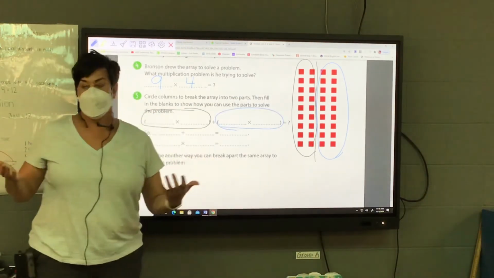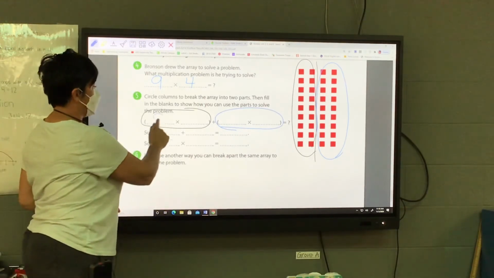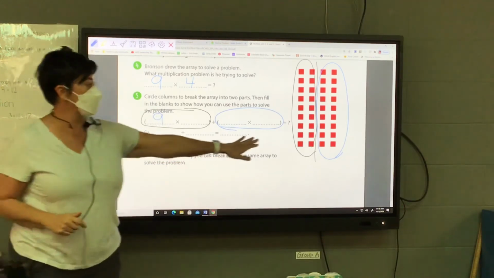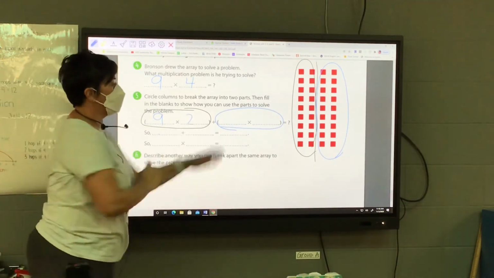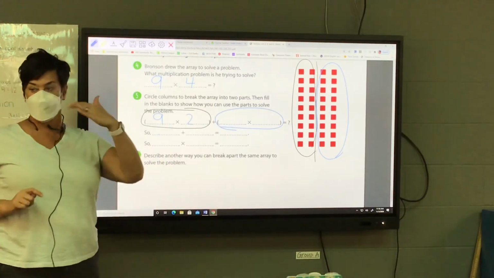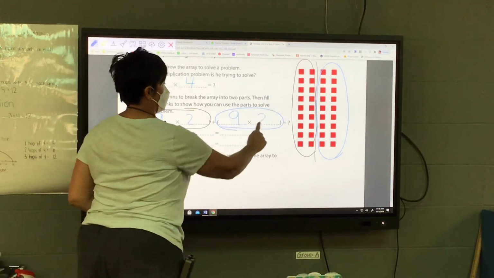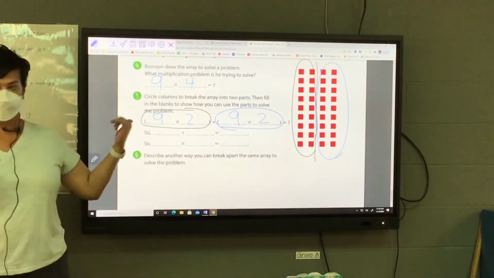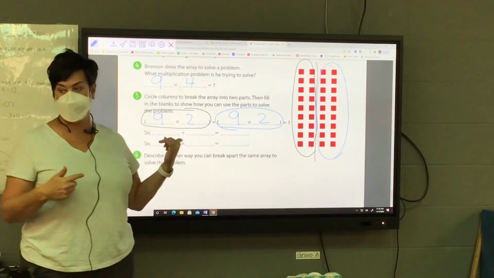How many rows are there still? 9. We didn't change the number of rows, did we? But now how many are in each row? 2. There's only 2. What about on that other side? 2. How many rows? 9. And how many in each row? 2. Is yours looking like this up here? Because this is what you're telling me.